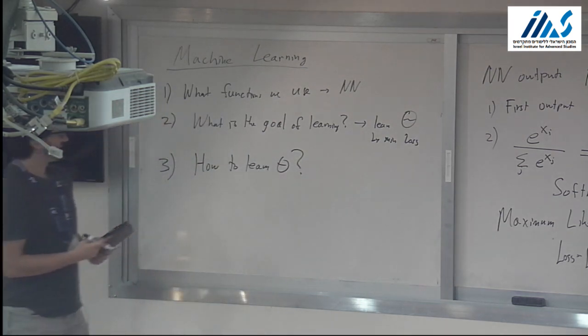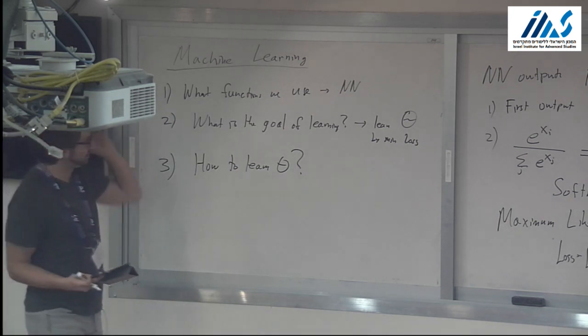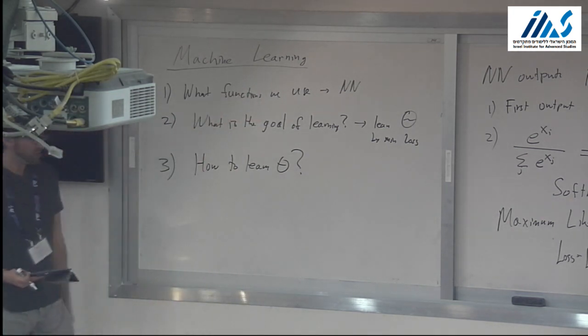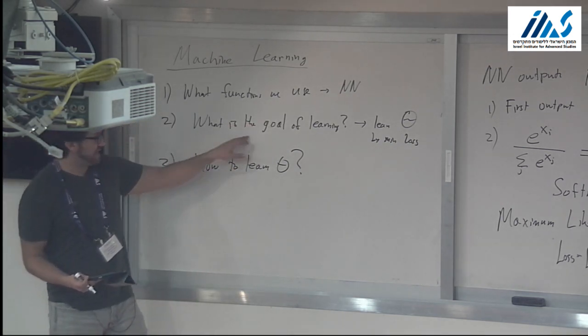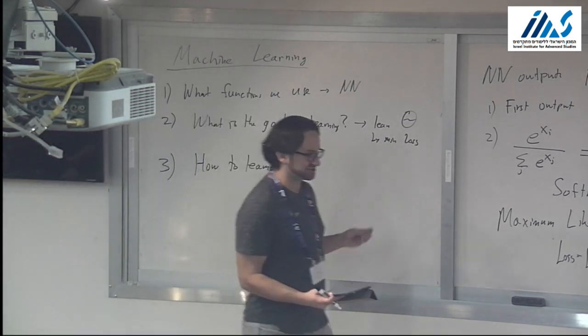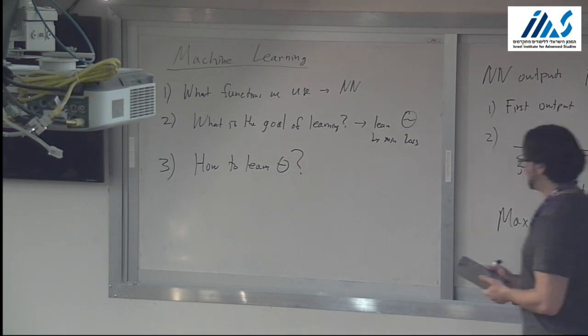So in other words, concretely, you have a function that's representing the thing you care about, which is this neural network. Could be another function, but we're using neural networks. You've decided what the goal of learning is, which is to minimize the loss. The loss could be as simple as least squares, or it could be a maximum likelihood optimization.